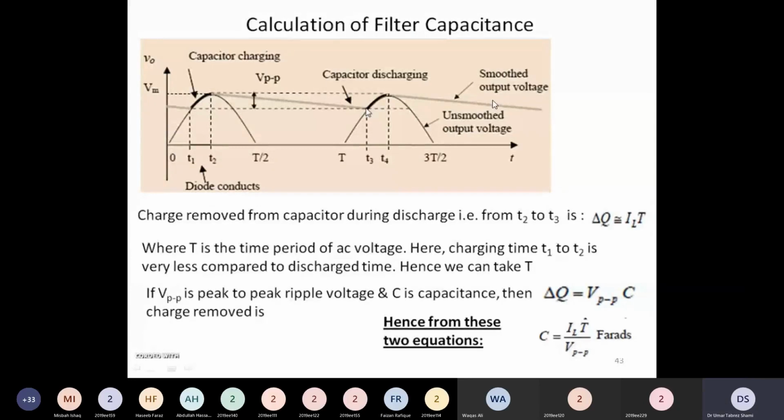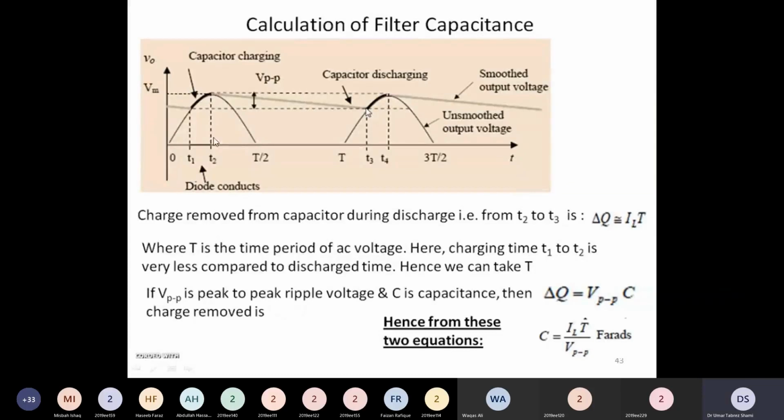After the pulses continue, from time t1 to t2, the diode conducts, that is, current passes through the diode. This current charges the capacitor and it serves the load during t1 to t2. From time t1 to t2, we have a current flowing into the capacitor from the power supply, and this is the reason why the output voltage is increasing. We see an increment in the output voltage.